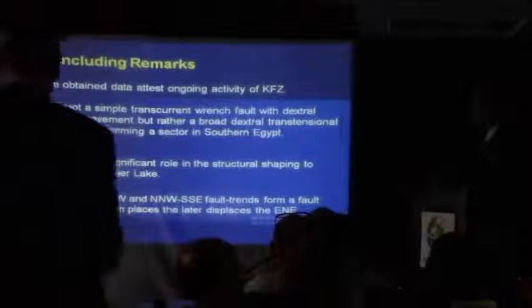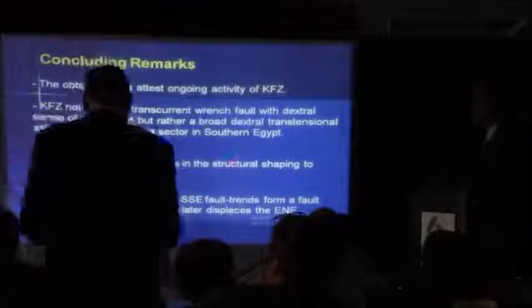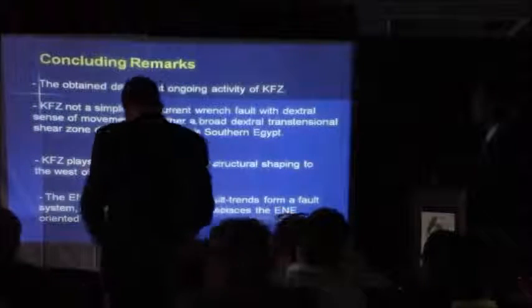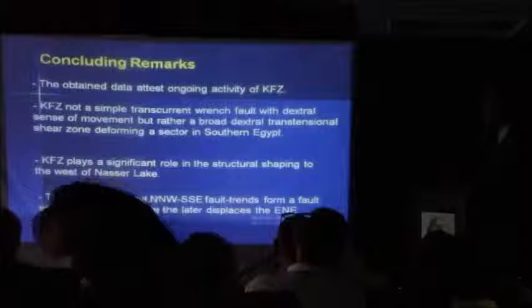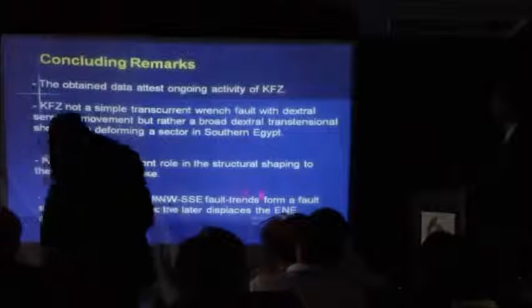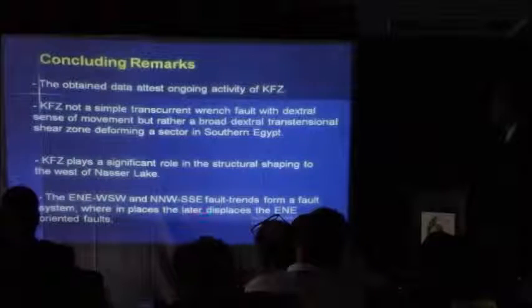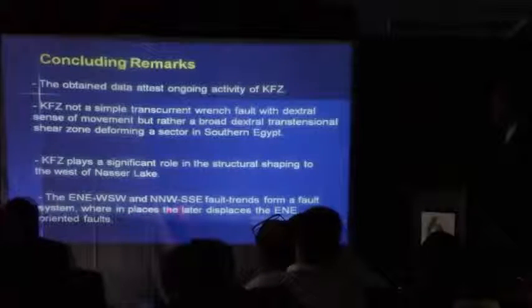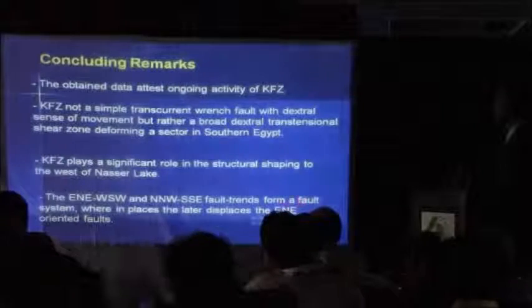This zone plays a significant role in the structural shaping to the west of Nasser Lake, and the east-northeast and north-northwest oriented faults form a fault system where in places the latter displaces the east-northeast oriented faults.